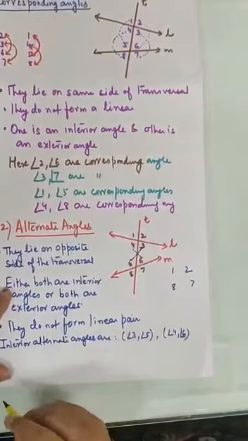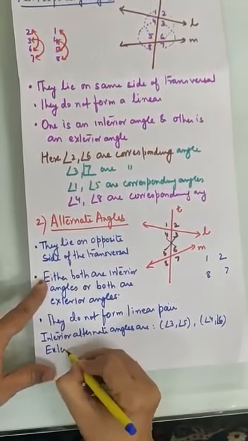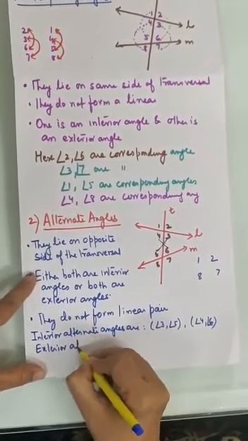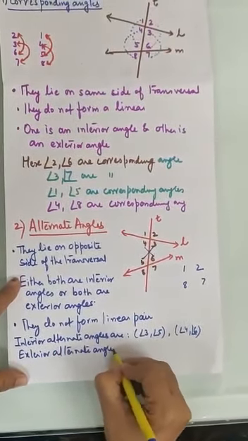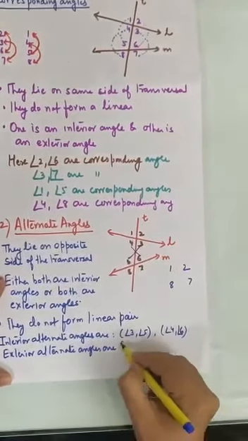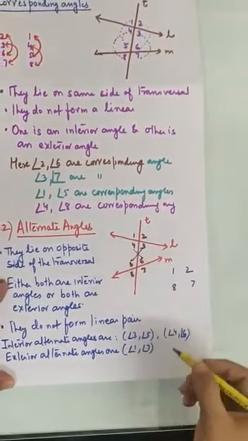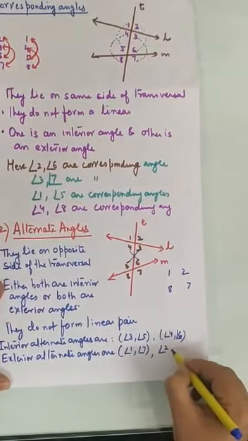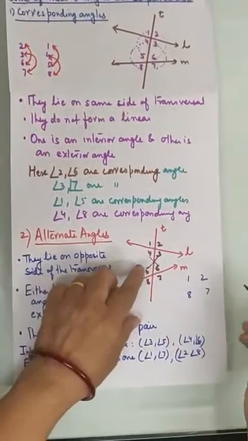So exterior alternate angles are angle 1 and 7, angle 2 and angle 8. You can remember this like this also.